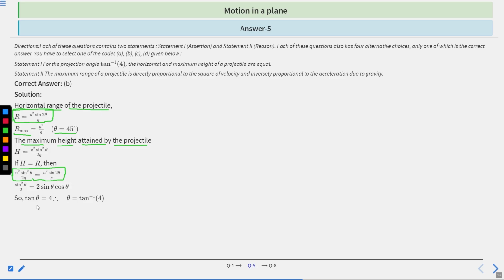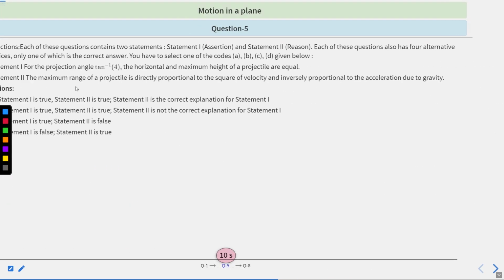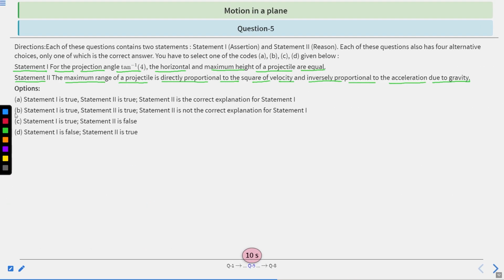After solving this again, tan theta is equal to 4. So theta is equal to tan inverse 4. So this is the answer of the question. The correct answer is B. B is correct.